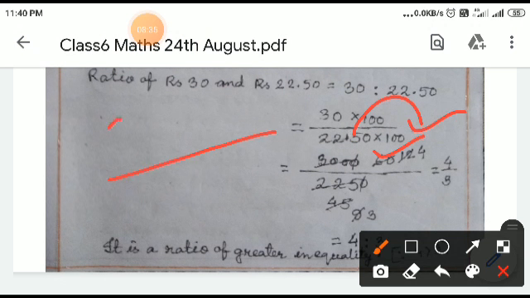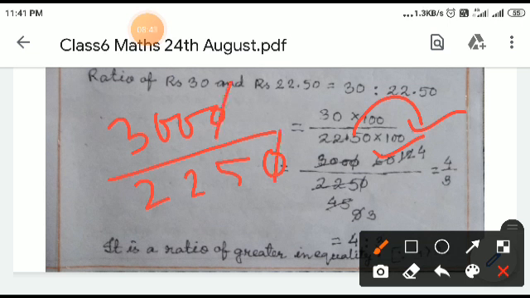Now cancellation. 3000 by 2250. First of all, just cut 0 and 0. Dividing both the numerator and denominator by 5, we are getting 5 6s are 30, then 0. 5 4s are 20, then 25, 5 5s are 25. Dividing 2 to 5, we are getting 45.